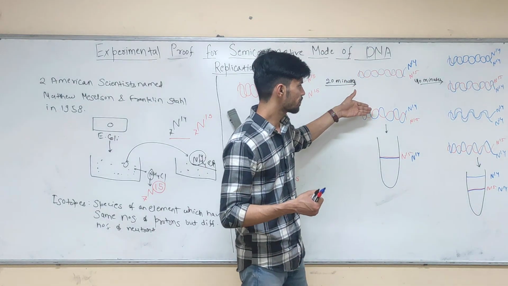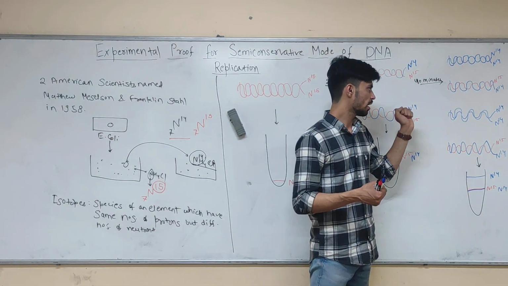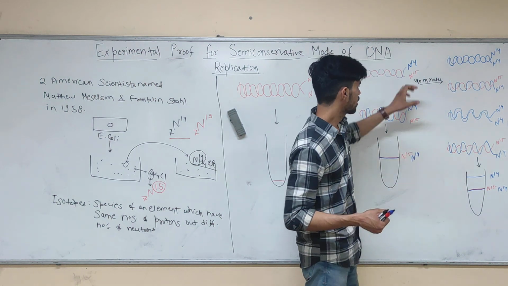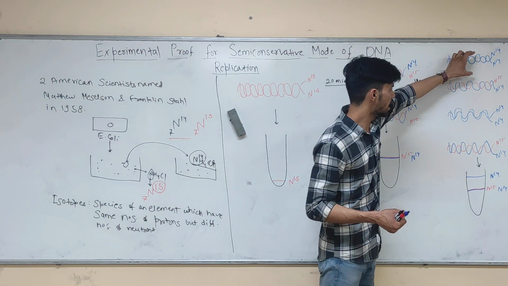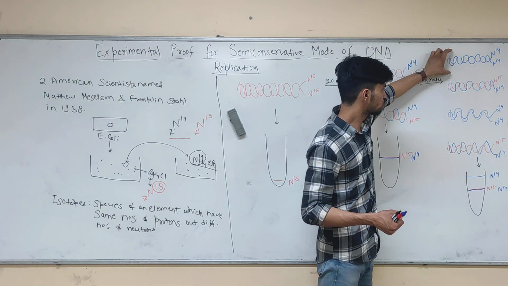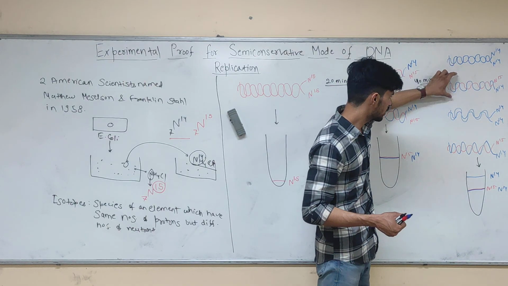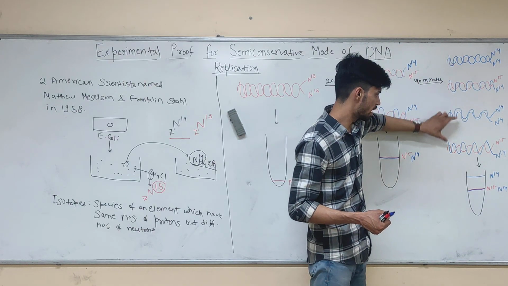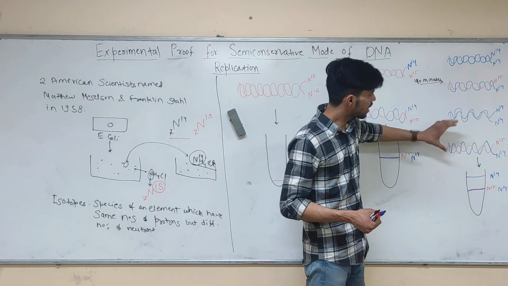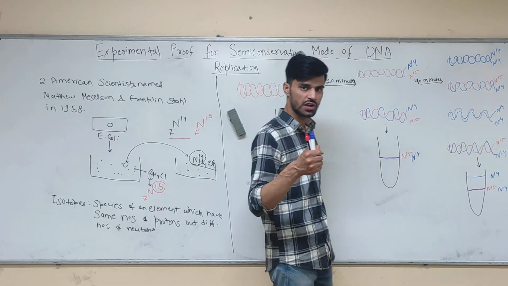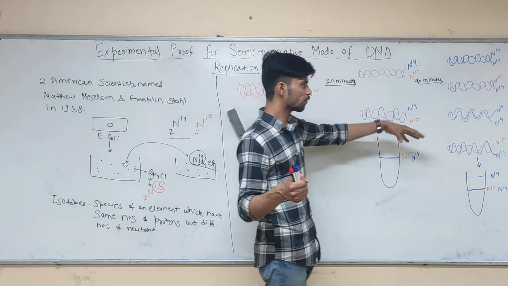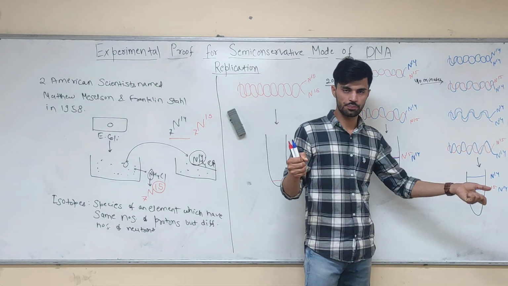So here you can see, after 40 minutes, in E. coli, half of the parental strand here is N14. Here it is also N14, here it is also N14, and here it is also N14. And the new complementary daughter strands are of a different type, which depends on the nutritive medium.